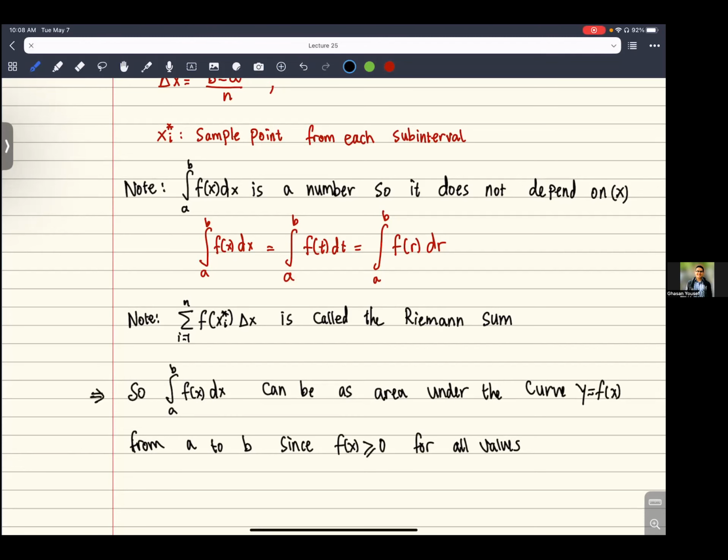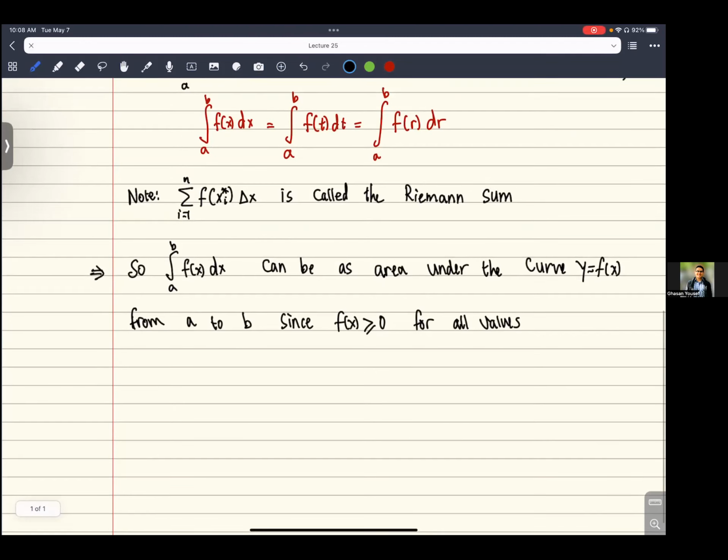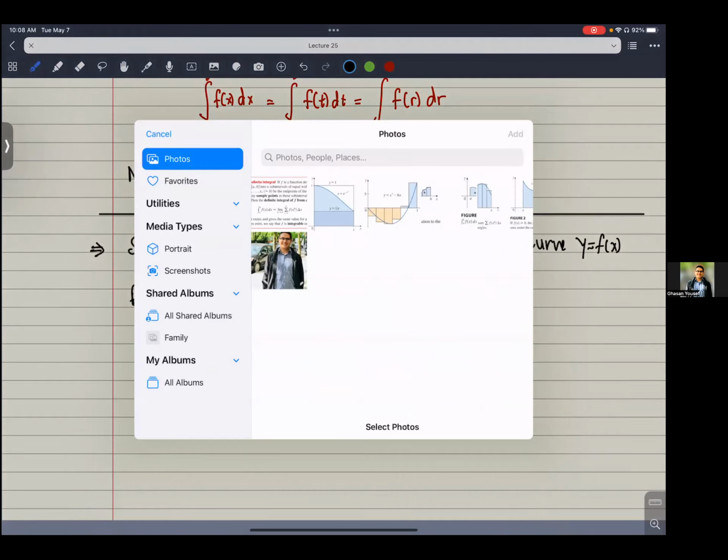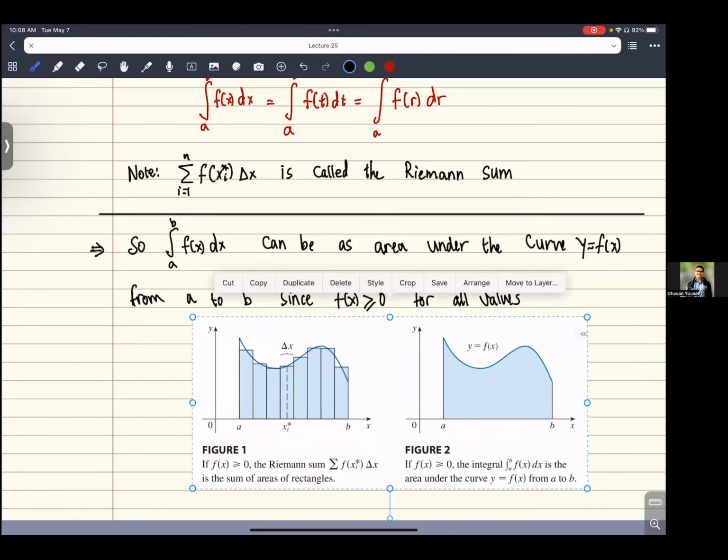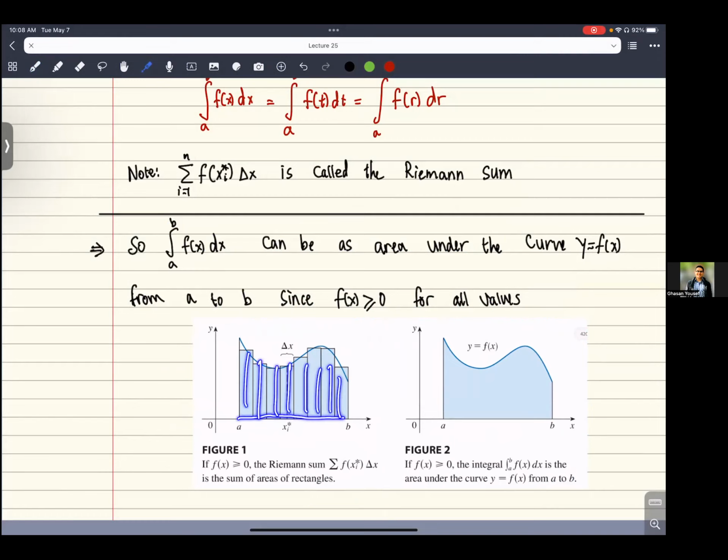I'm going to explain this by giving you a small graph. Here is the graph. Look at this graph. The function here is positive, meaning all values are above the x-axis. Because the function is positive, the Riemann sum here is the area of the rectangles.